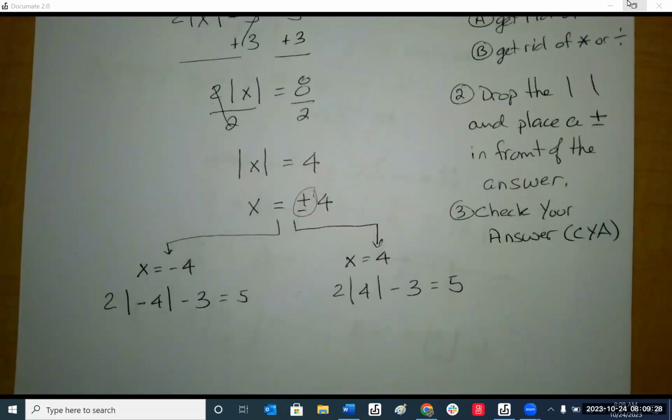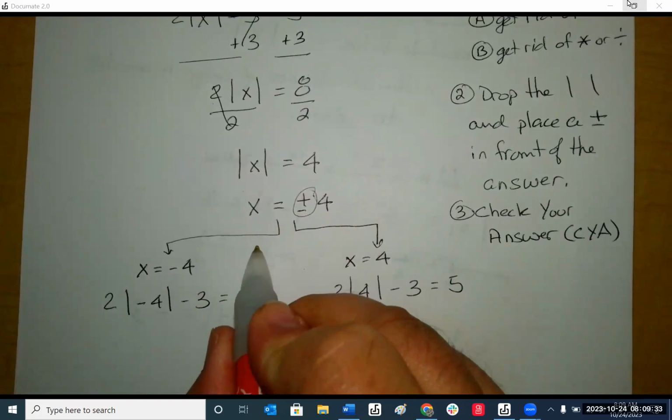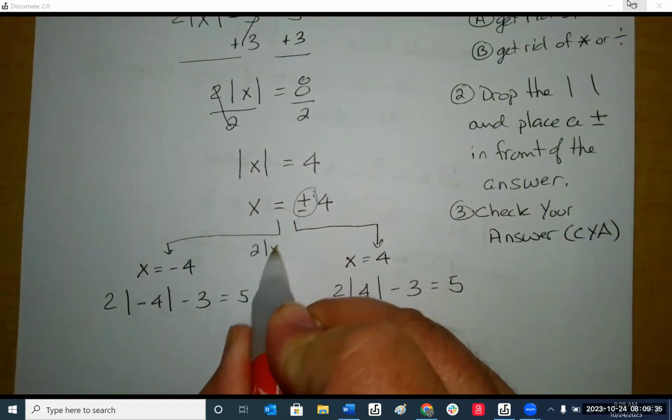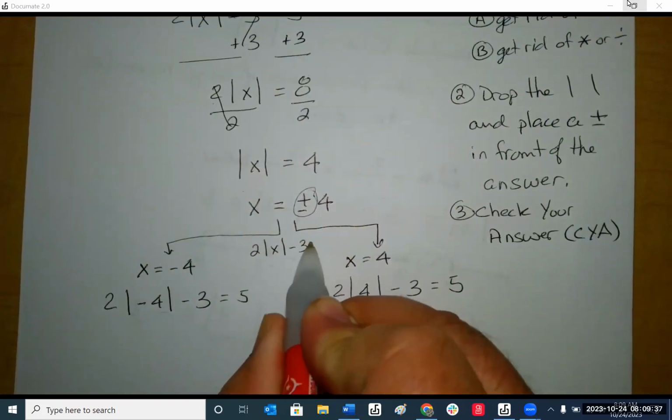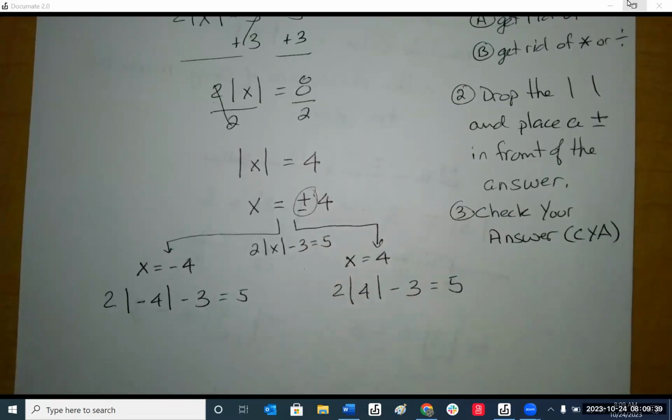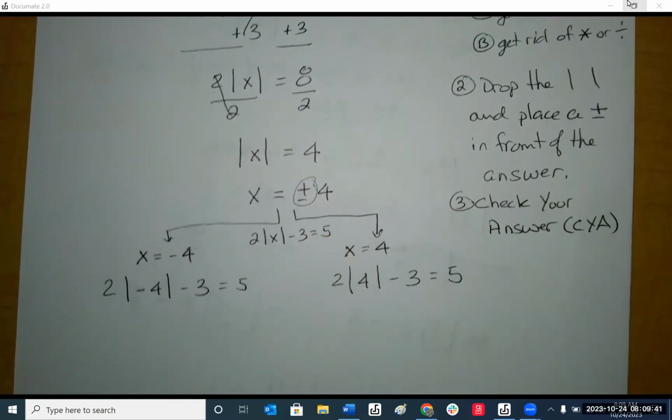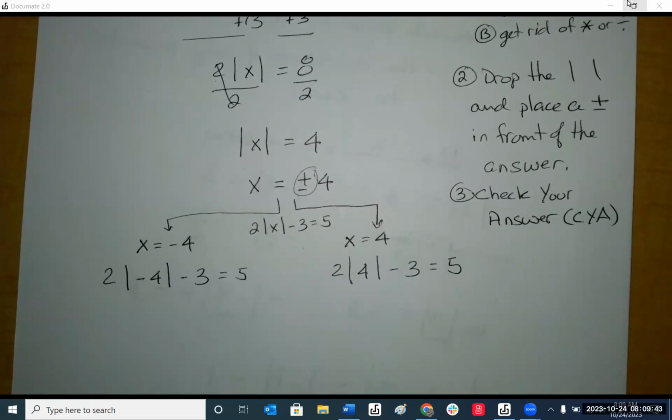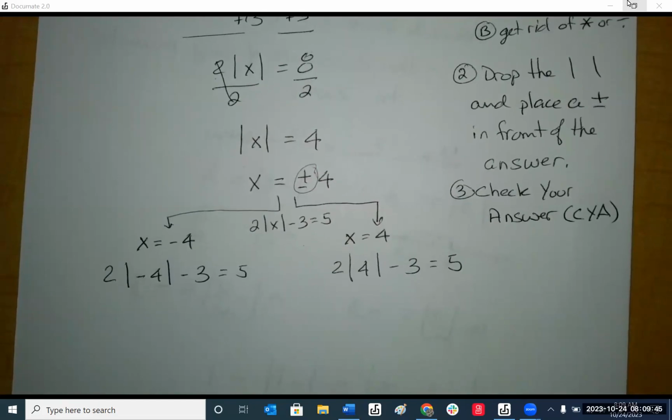Remember, our equation was this. Now we just work it out.